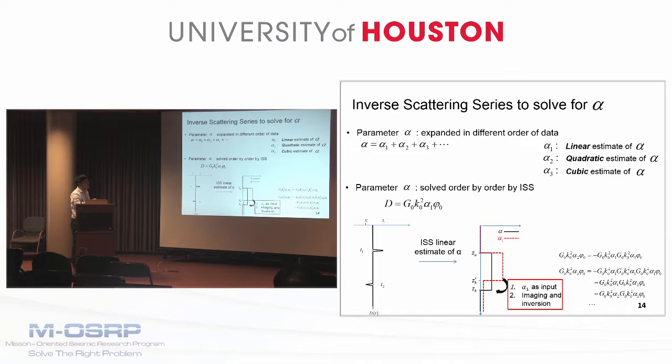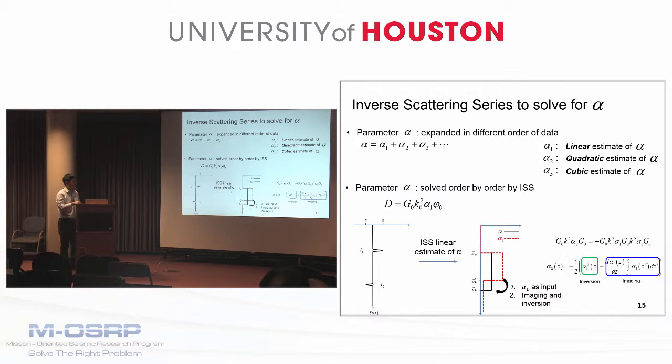And again, alpha 2 can be calculated in terms of alpha 1, and we use alpha 1 to calculate alpha 3. So the input of this nonlinear calculation is alpha 1. And from this alpha 1 to alpha, it changes both the amplitude and the location of where the amplitude changes. So this involves both imaging and inversion work.